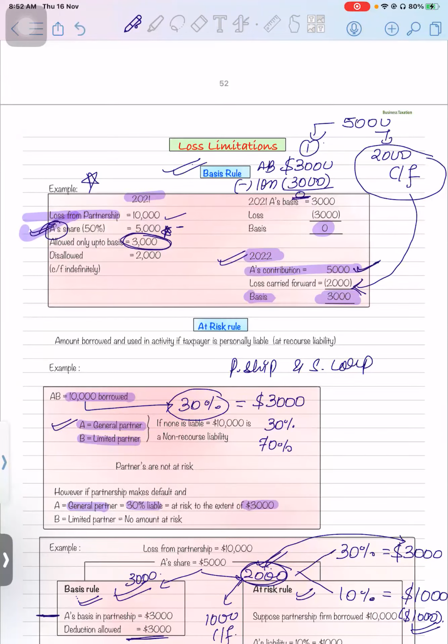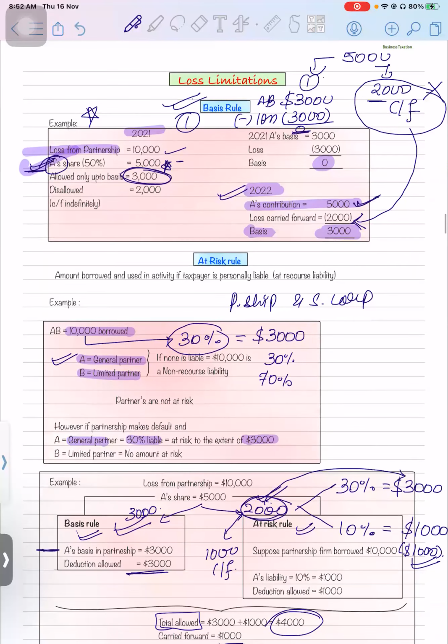Yes, correct. So that's the same example we have used. Assuming Mr. A just has limited liability, for this 2,000 he cannot check for the at risk rule. He is not at all at risk, right? In the second example, we have considered him as a general partner and checked how much can be allowed in case of the at-risk rule.